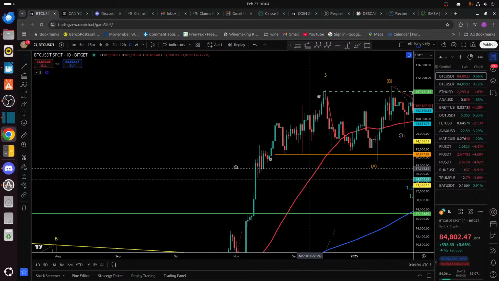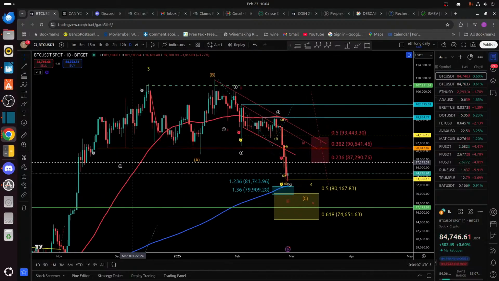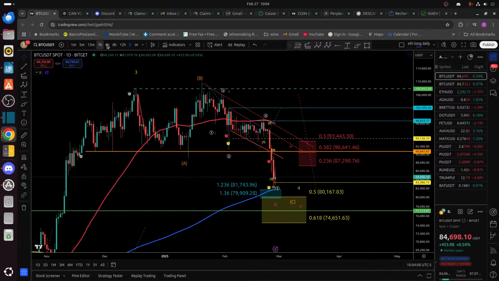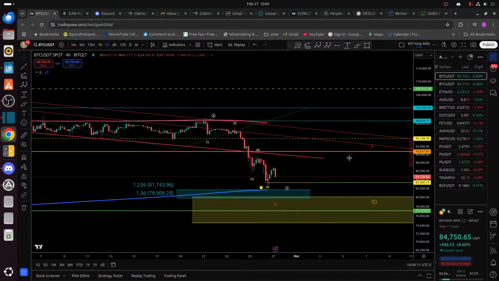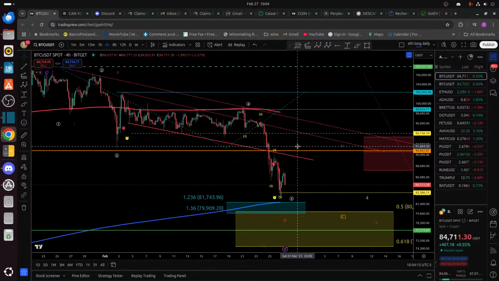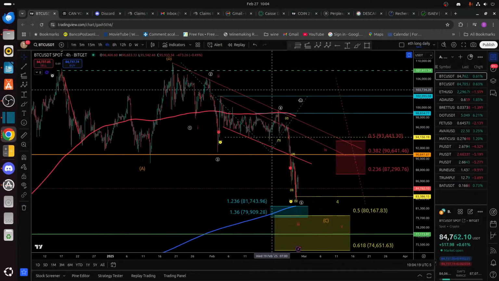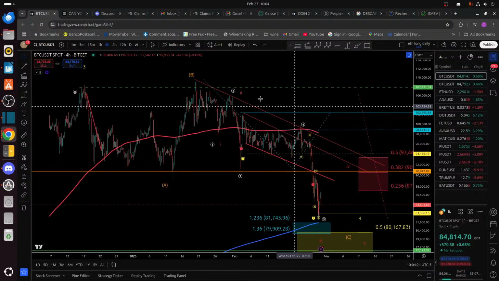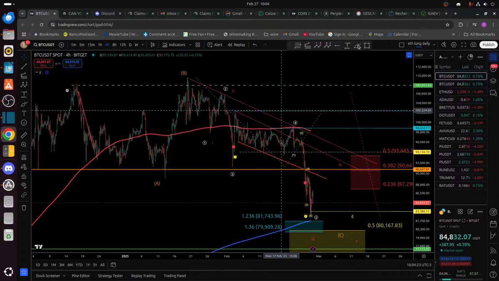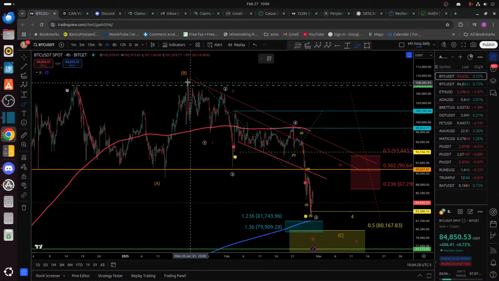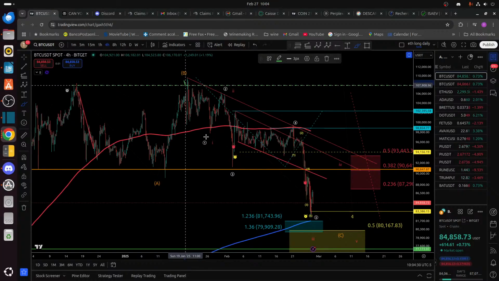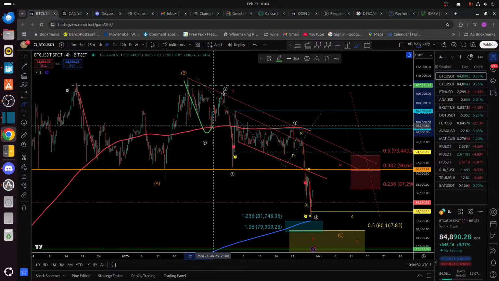Now let's dig in a little bit more with micro counting to see if there is something we can read or notice that hints that maybe this could be completed. For the people who have been following me for a while, you know I still have this white scenario, a 1 2 here.